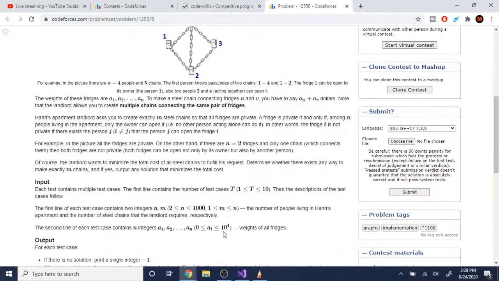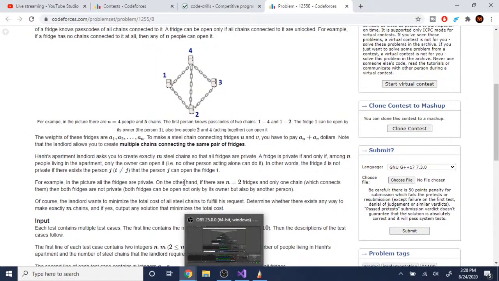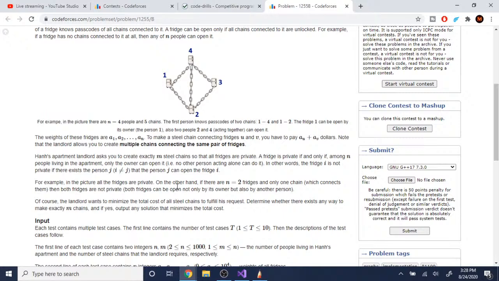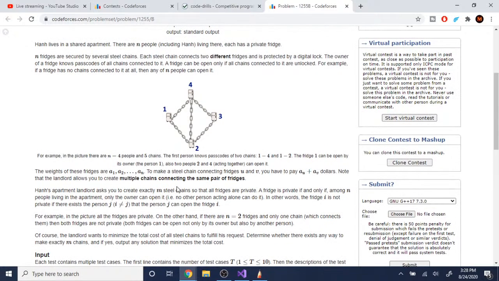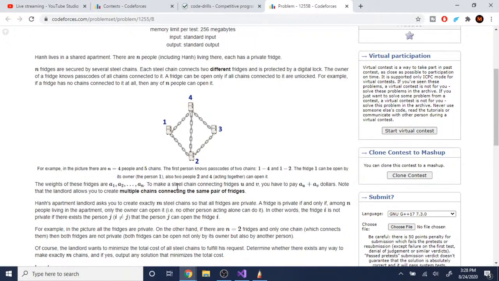End chains. This is really difficult. It's not even difficult, I can't find a solution. I don't understand what they're saying. That's what these problems are like.